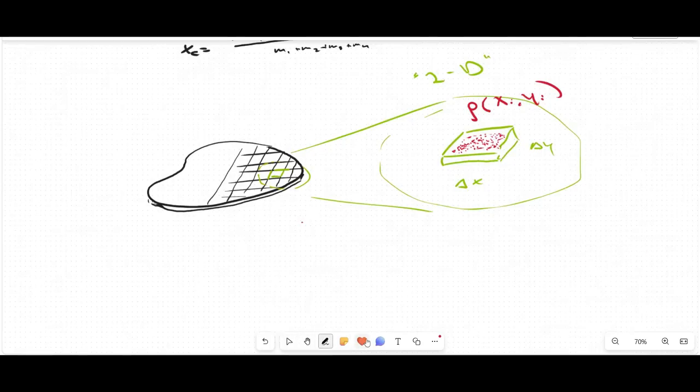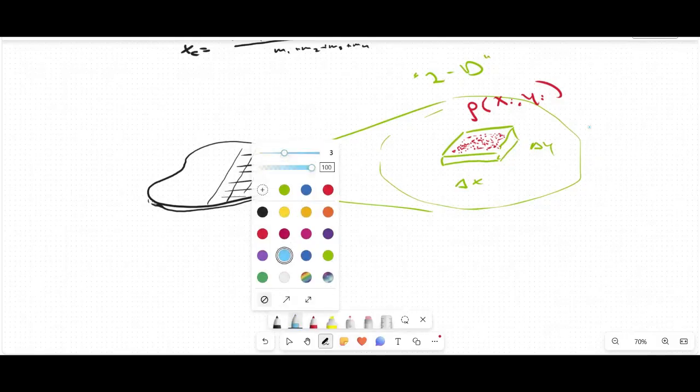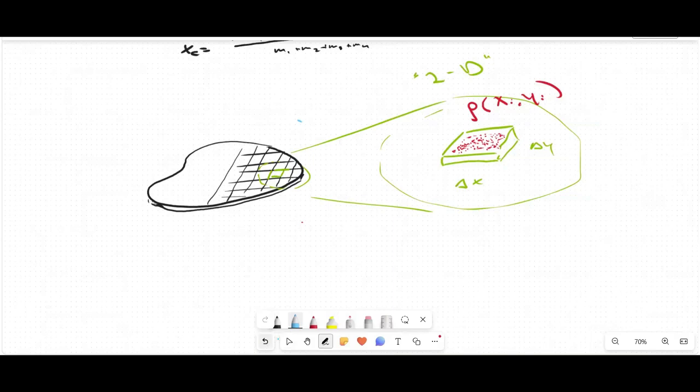But now there's a question you've got to ask because you're in 2 dimensions: along what axis am I concerned about balance? This could be balanced in one direction and maybe not balanced in another.